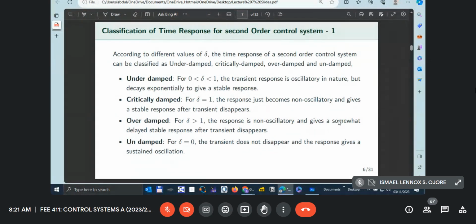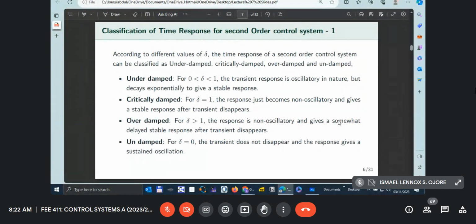So depending on the damping ratio, we can have four different categories of a second order system. When we have a damping ratio which is greater than 0 but less than 1, then we call that an underdamped system, and the response has some oscillation.